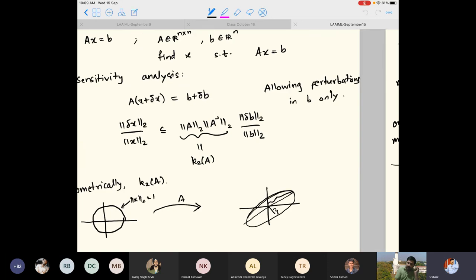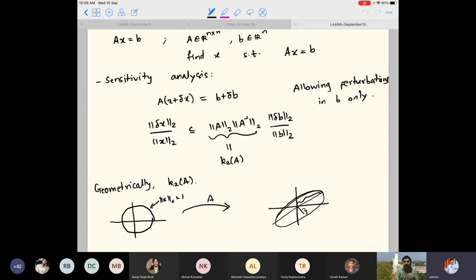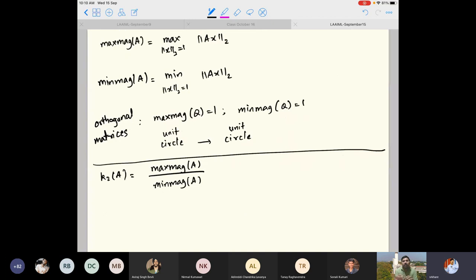So if you see, you are having a circle. Under the action of A, the circle is transforming into an ellipse. Okay, so the half length of the major axis is maximum magnification, the half length of the minor axis is minimum magnification, and you are basically looking at the ratio of maximum magnification to minimum magnification.